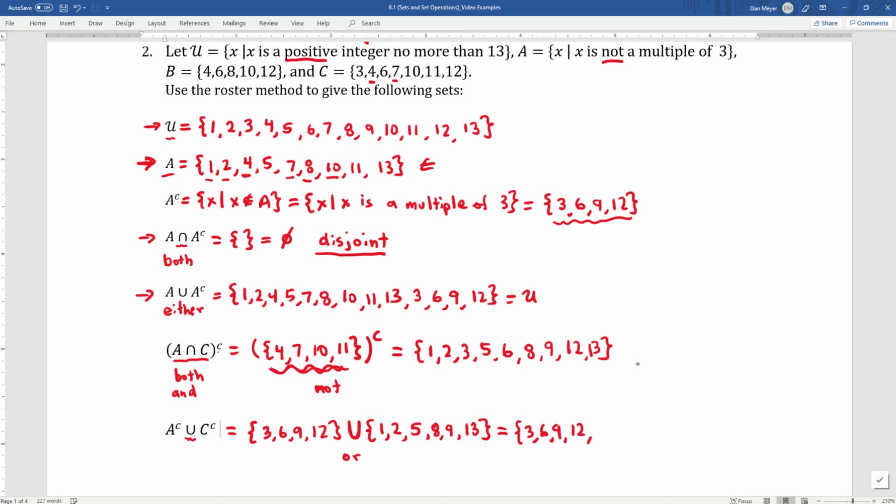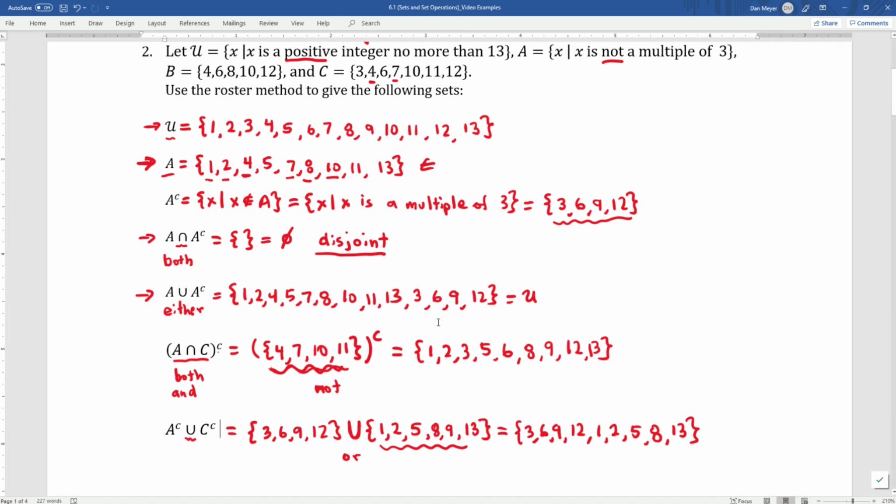And then when we go down to C complement, we're just going to write down all the elements that haven't shown up yet. 1, 2, 5 hasn't shown up yet. 8 hasn't shown up yet. 9 was already there, so we don't need to write it down twice. 13 is in C complement and hasn't shown up yet. All right, so there is our A complement union C complement.